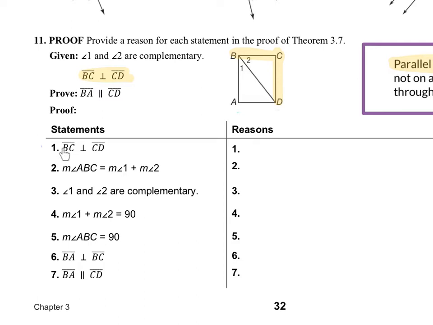Looking at number 1, BC is perpendicular to CD. They're saying this is happening, and the reason behind it, all you have to do in this case, is put given. When they give you the information, all you do under the reasons is put given.